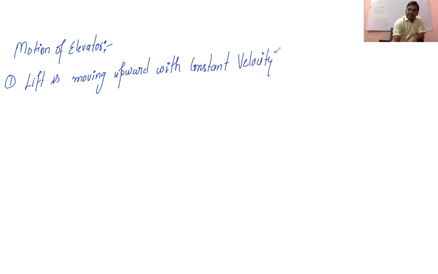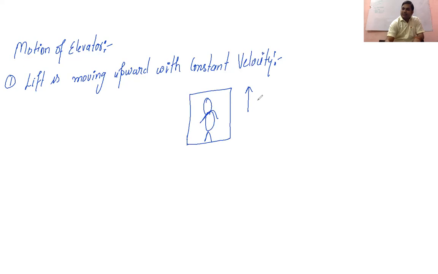So suppose this is the lift, with a person standing on it, and the lift is moving upward with constant velocity. V is equal to constant, so the acceleration is going to be zero.